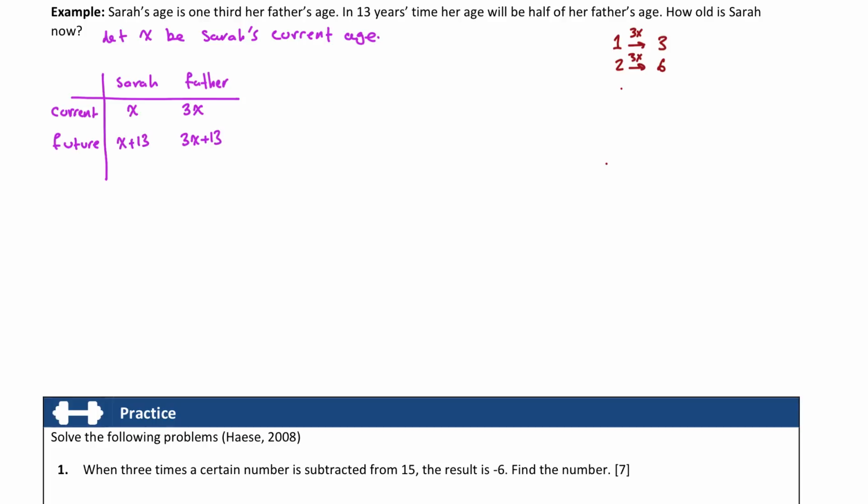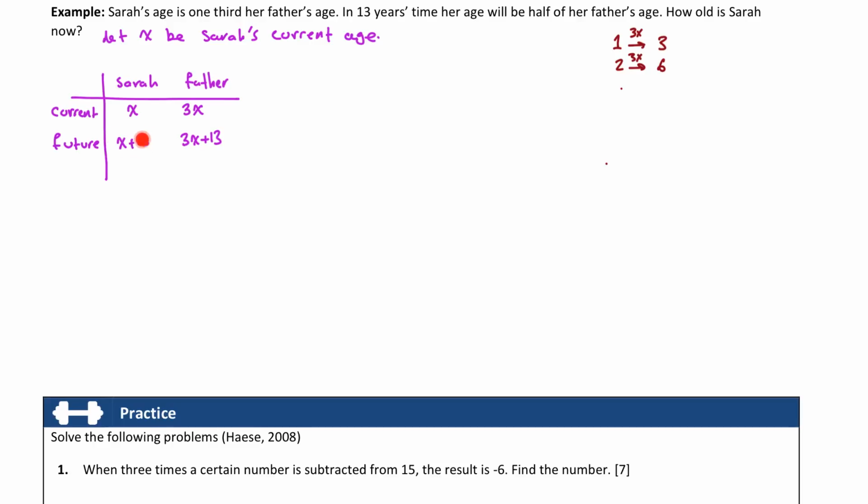And now I have a lot of information, but I can't really solve for Sarah's age yet. So I have to look at all the information that's given to me. There's one other piece of information, and that says that in 13 years time her age will be half of her father's age. So in 13 years Sarah's age is x plus 13.